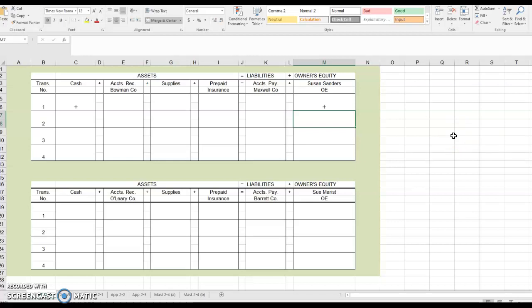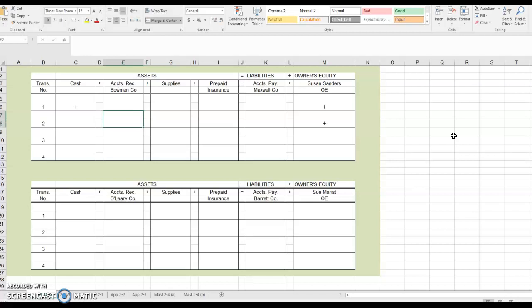Next transaction, we sold services on account to Bowman Company. Sold services means we made a sale. That's revenue. So we're going to increase our owner's equity, and the other half of the transaction says on account to Bowman Company. Now Bowman Company is one of our customers.